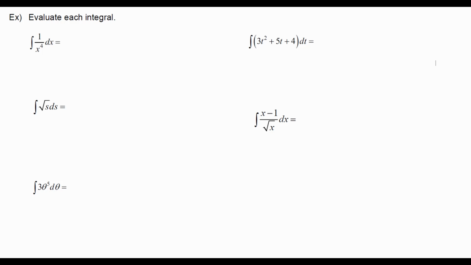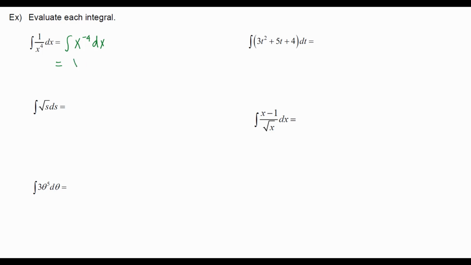Let's keep going. What will be the integral of 1 over x to the power 4 dx? Well, we didn't learn any other rule. We only have 3 rules so far. So you're just going to have to change this to a power. So that will be x to the negative 4 power dx. So add 1 to that power.